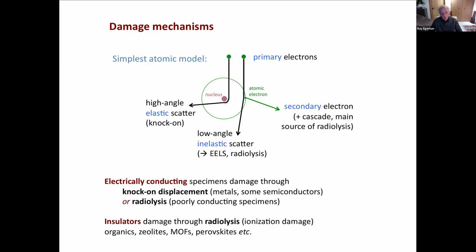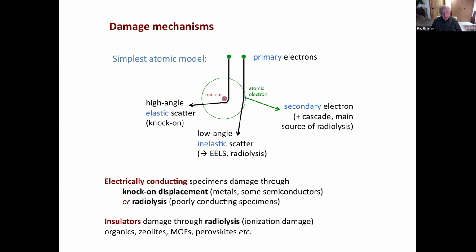And the electron that caused that scattering can be ejected within the sample as a secondary electron. And that electron can also contribute to the damage by causing ionization of other atoms. In organic materials, probably most of the damage comes from these secondary electrons. And that damage is known as radiolysis.